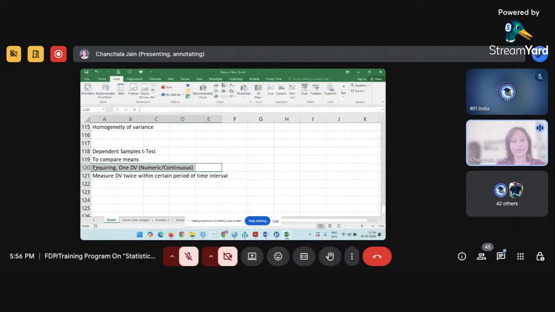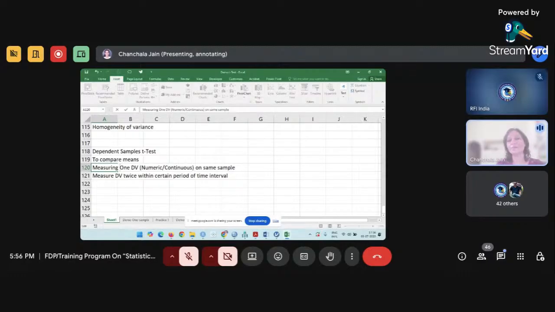So we are measuring one DV on the same sample twice, right? During a particular time gap. Is it clear? Friends, is it clear?